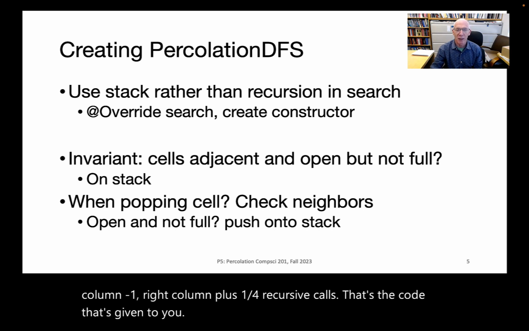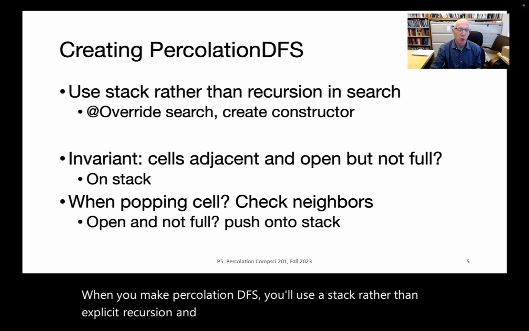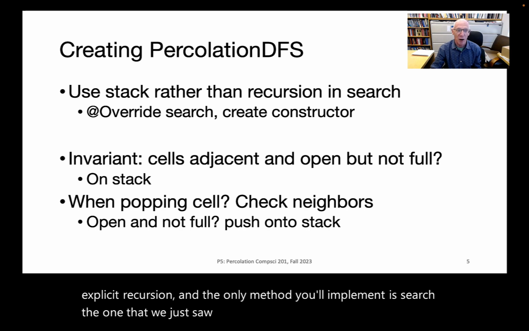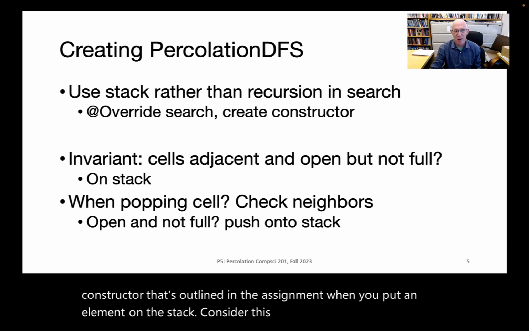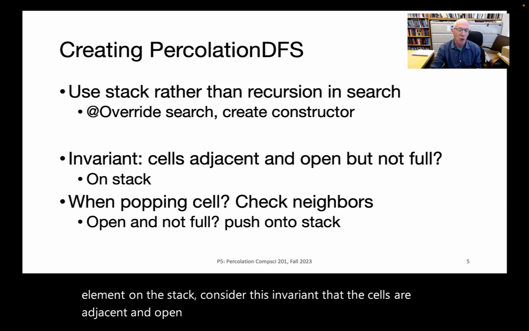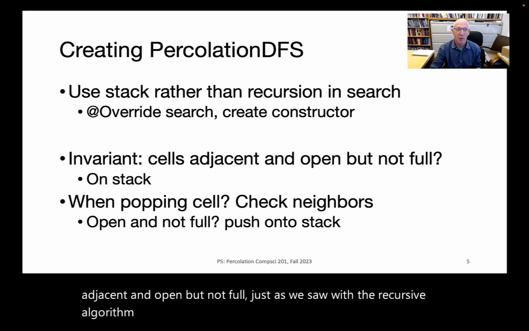When you make Percolation DFS, you'll use a stack rather than explicit recursion. And the only method you'll implement is search, the one that we just saw. You'll override that. You'll need a constructor that's outlined in the assignment. When you put an element on the stack, consider this invariant, that the cells are adjacent and open, but not full, just as we saw with the recursive algorithm, open and not full.